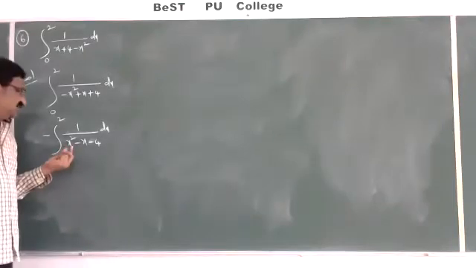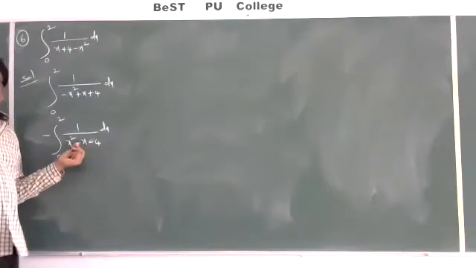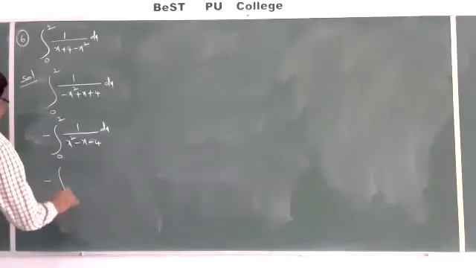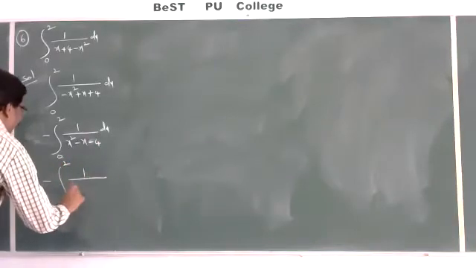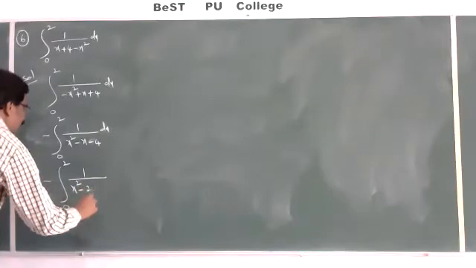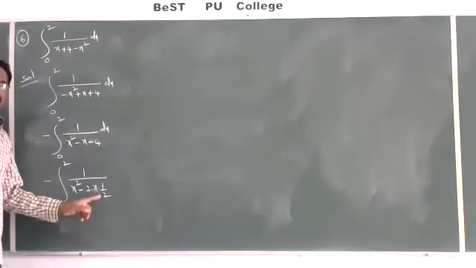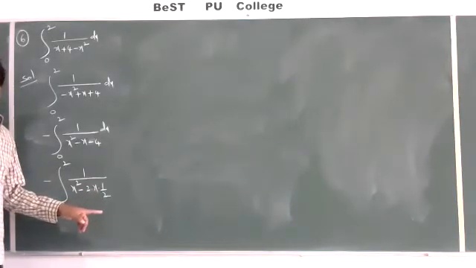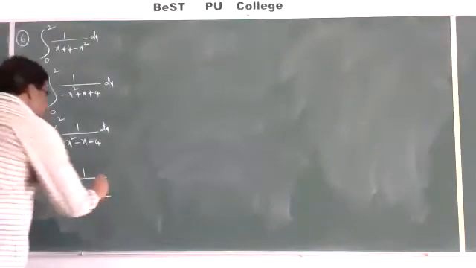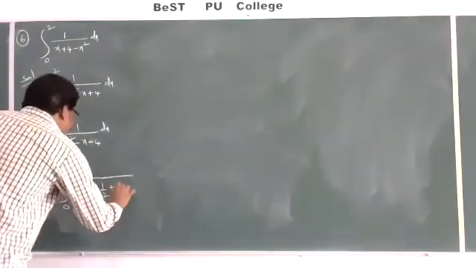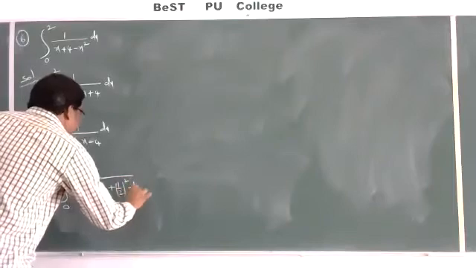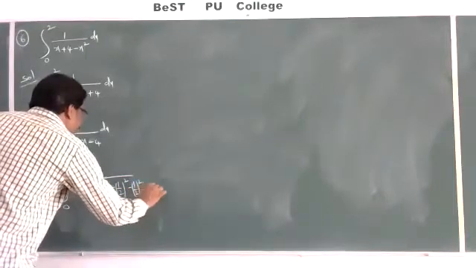So here this is a square, you make this term 2ab term, that's why multiplying 2 and dividing 2: minus integral 0 to 2, 1 by x square minus 2 into x into 1 by 2. So here b is 1 by 2, that's why adding b square, subtracting b square, that is plus 1 by 2 whole square minus 1 by 2 whole square minus 4 dx.